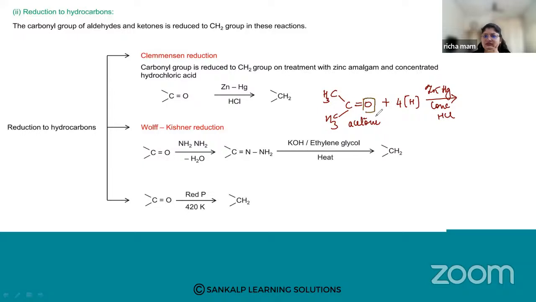So this oxygen will be removed. Two hydrogens are added, and it will combine with two hydrogens again. Here two hydrogens are added, and this will combine with hydrogen to give H2O, and here CH3, CH2, CH3.